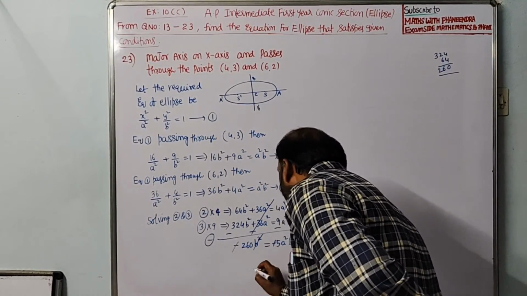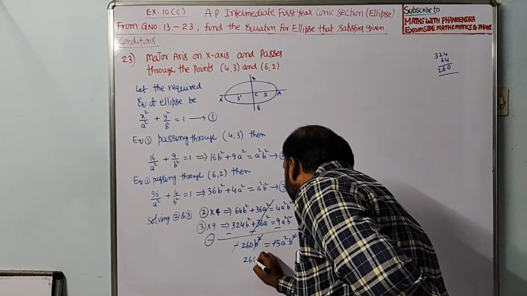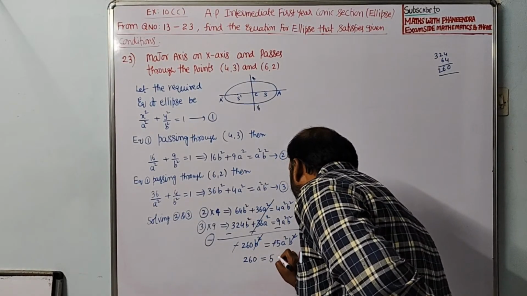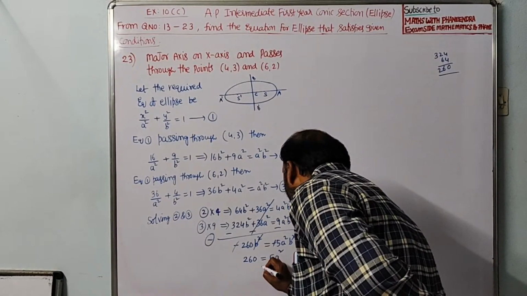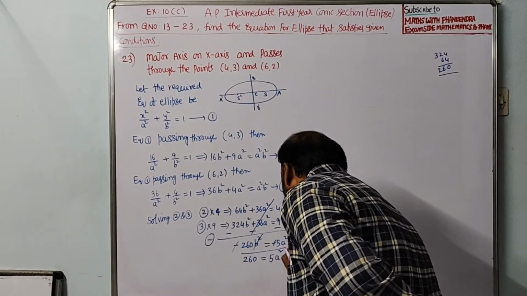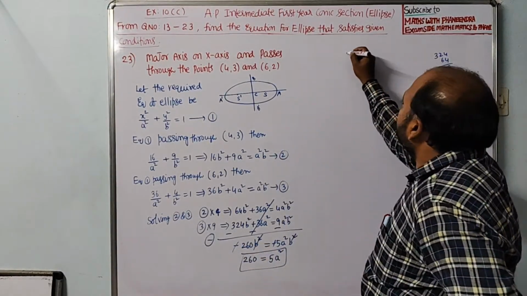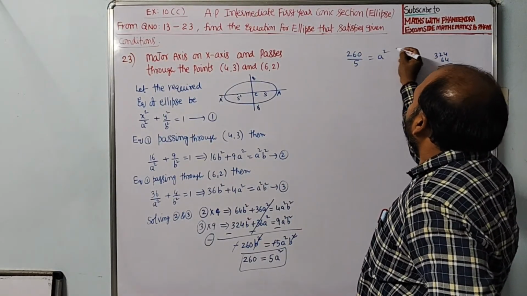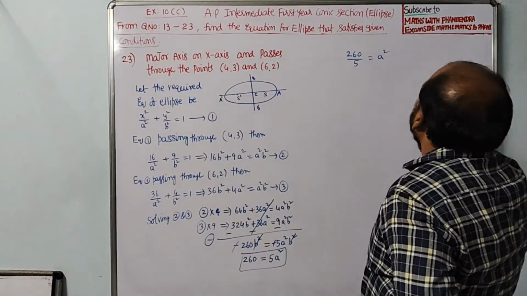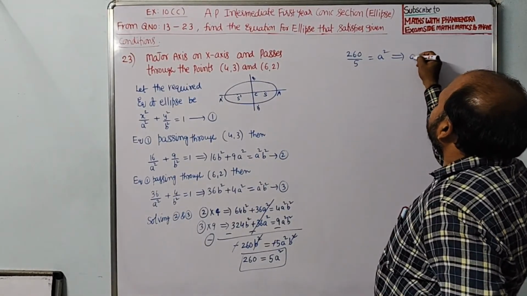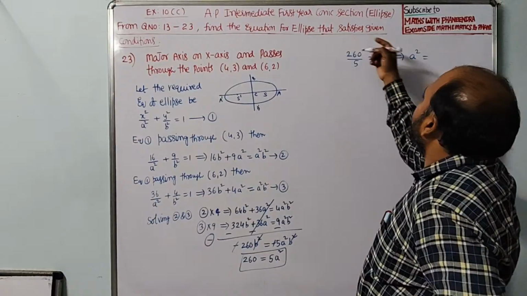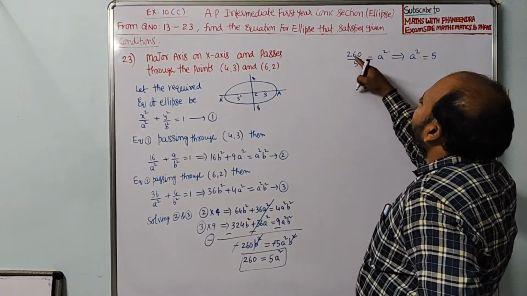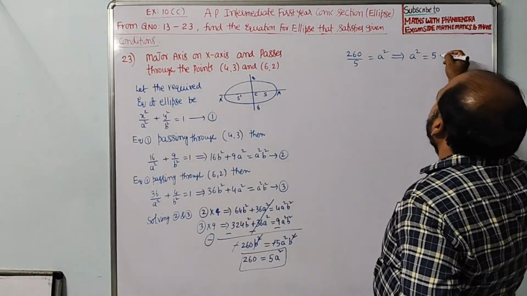B square gets cancelled. 260 equal to 5a square. So 260 by 5 is equal to a square. So a square equal to 52. 5 twos are 10.